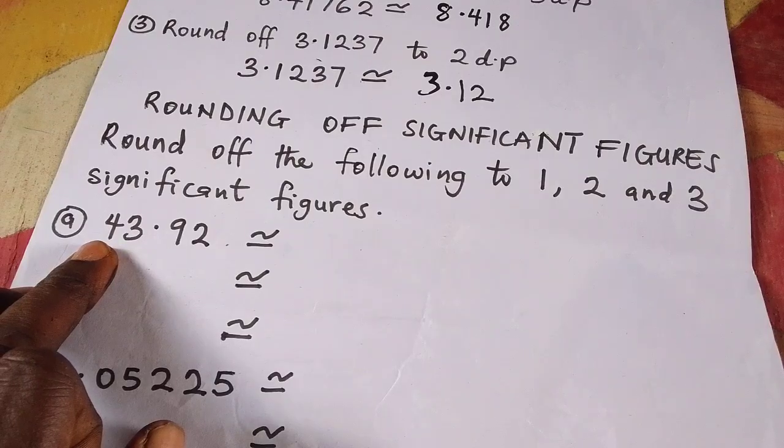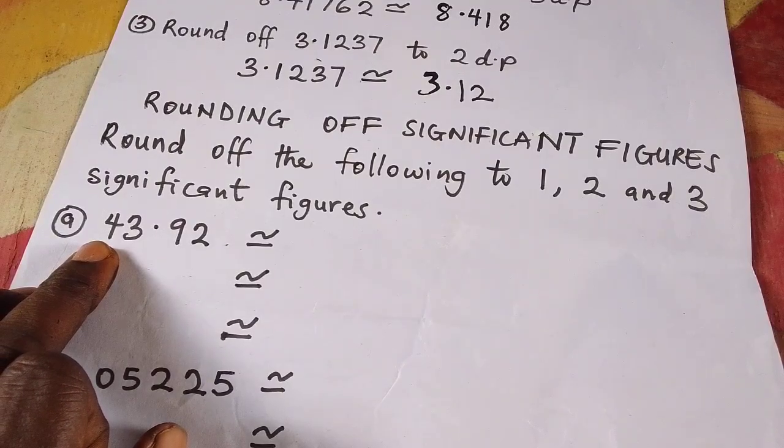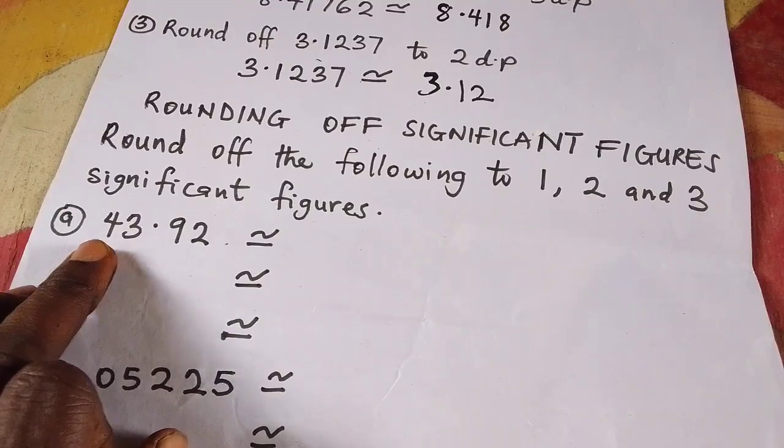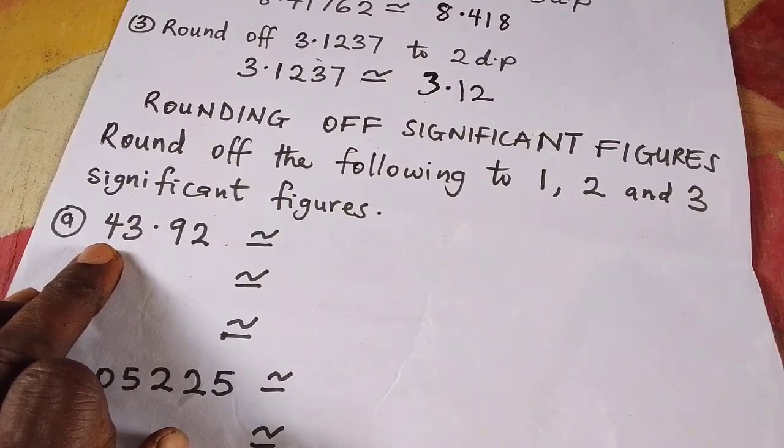But before you turn them to 0, you check if the number is up to 5. If it's up to 5, you add 1 to the number before it. But if it's not up to 5, you just turn it to 0. So now this is the first one, to 1 significant figure.